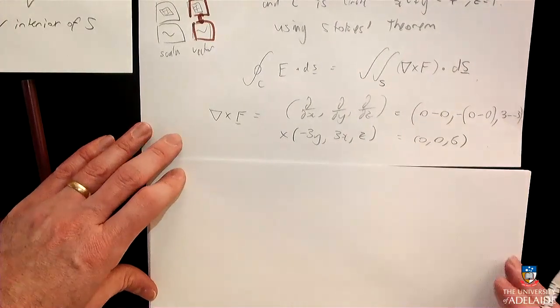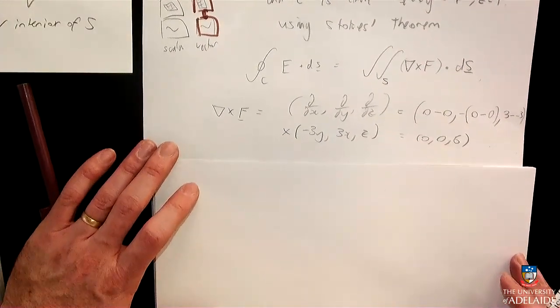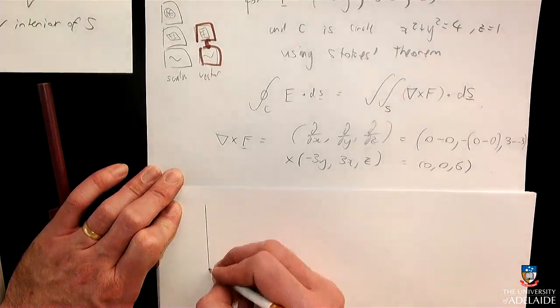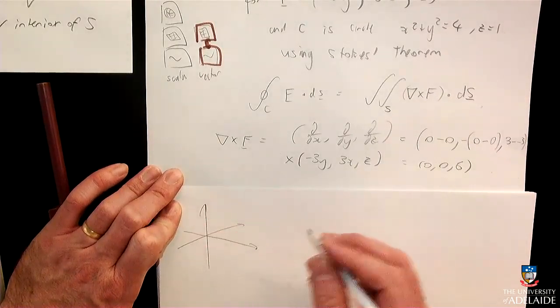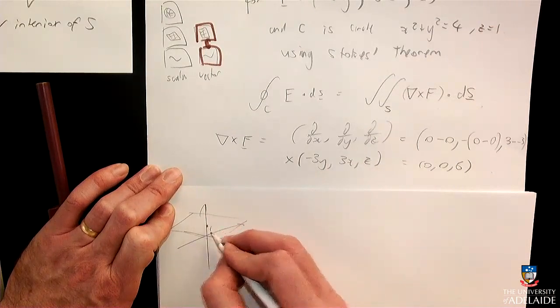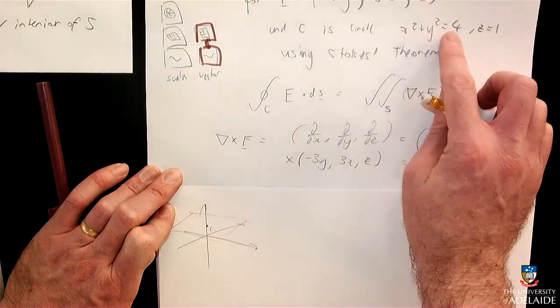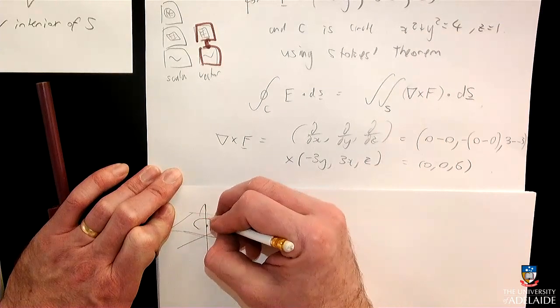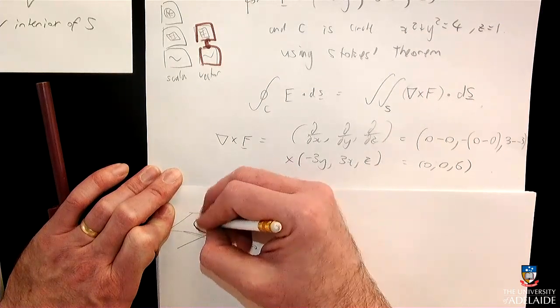So let's just actually draw this circle. The height is z equals 1, so it's in this plane where z is equal to 1. And as x squared plus y squared equals 4, which is a circle of radius 2.